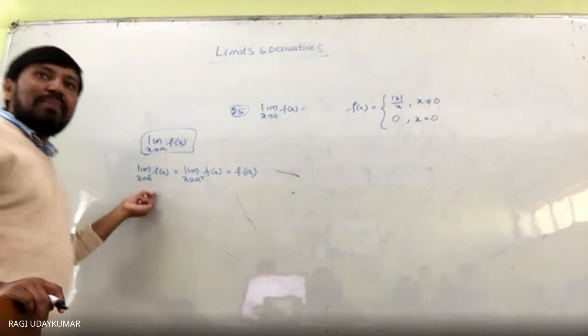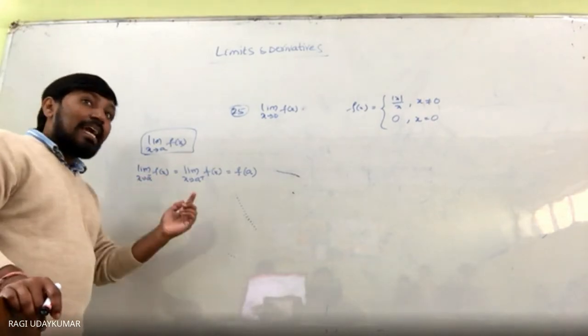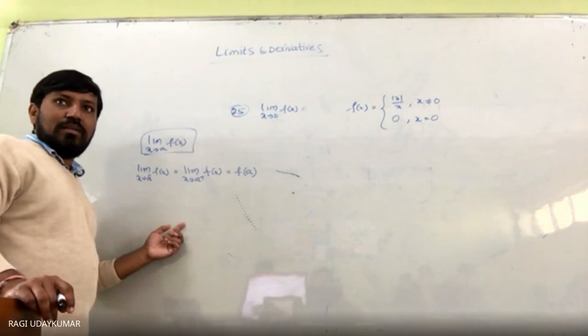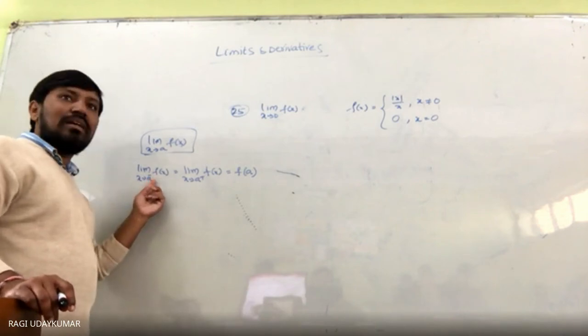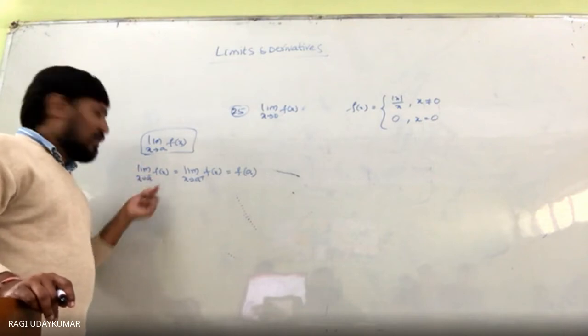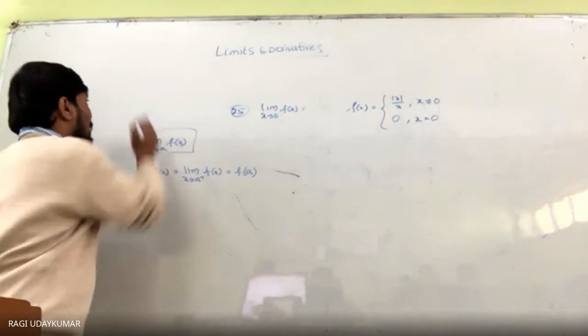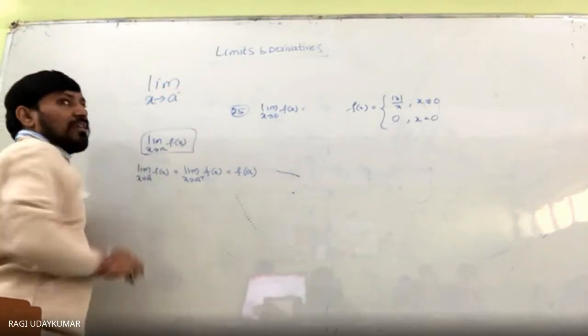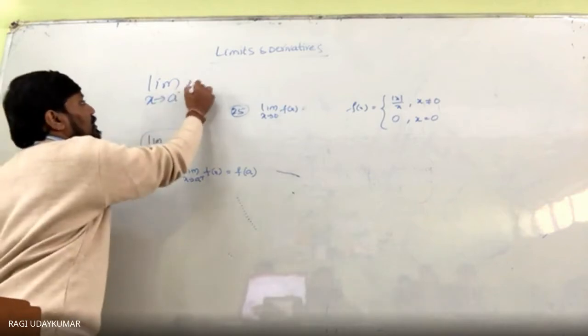Then a minus is nothing but the values on the left side of a whenever you are substituting. A minus, not minus a, you have to write the minus on top of a.